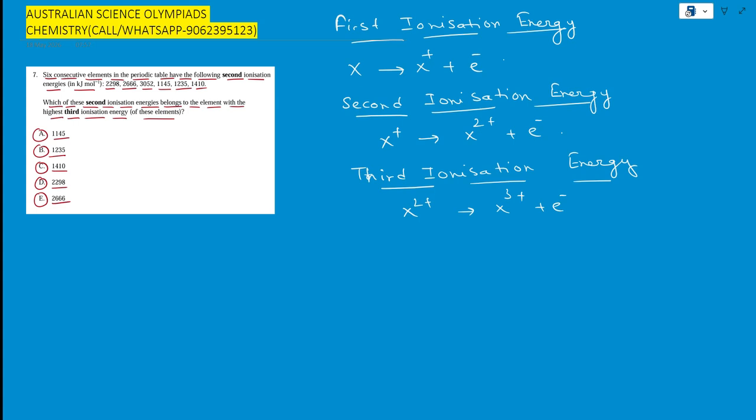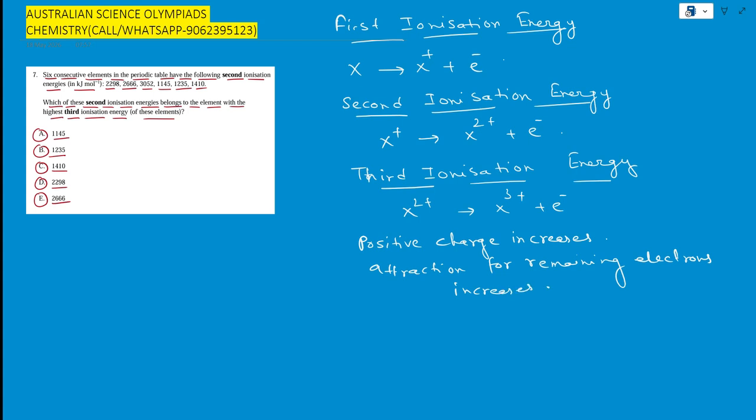Now removing the electrons becomes harder and harder. Why? Because after every electron removal, the positive charge increases and the attraction for the remaining electrons increases.